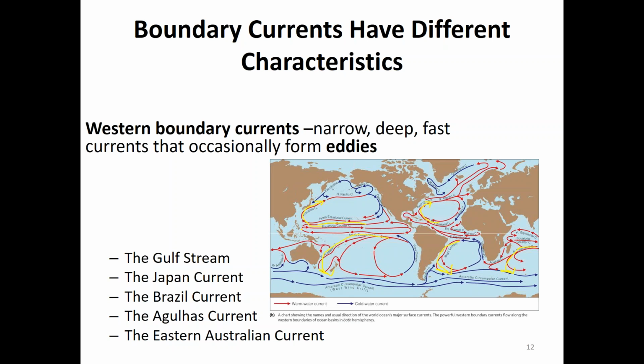Now, who has watched Finding Nemo? They're finding Nemo from the Great Barrier Reef, right? And he was taken to Sydney. So the Great Barrier Reef is up here, Sydney, Australia, down here.